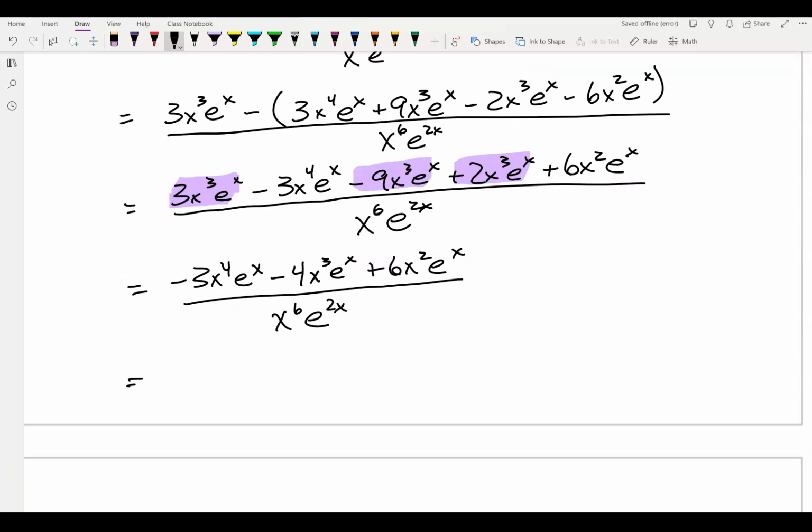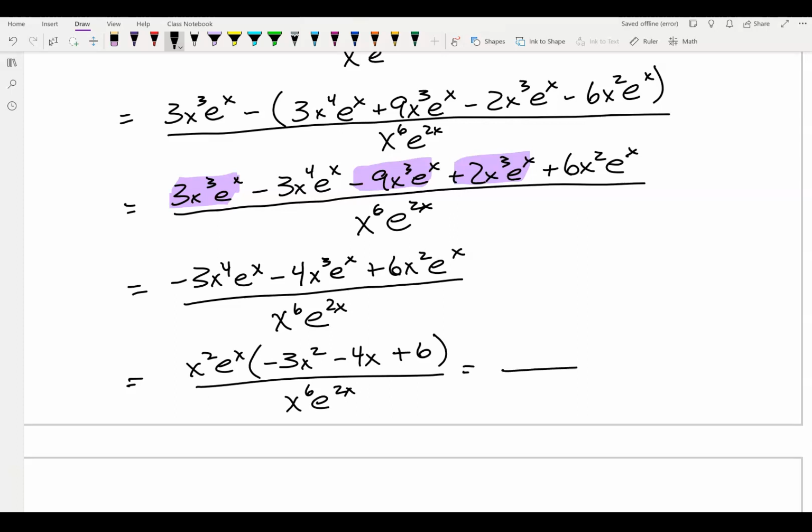And from there, let's go ahead and take out an x squared and an e to the x, like this. You could take out a negative 2. I'm going to leave it. Doesn't really matter. But I think we get a negative 3x squared minus 4x plus 6, right? If I take an x squared e to the x out. On the bottom we have x to the 6th e to the 2x.